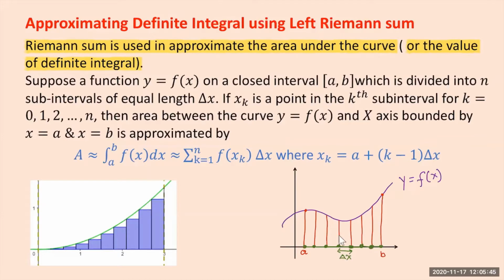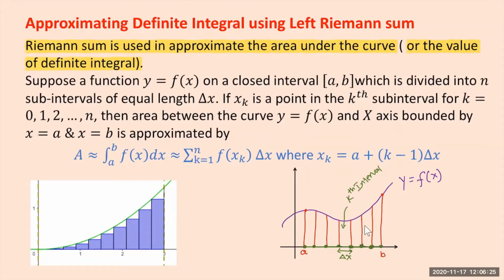If we consider this one in the middle as the kth subinterval, where k is a counting number, we go up to n, then the area between the curve y equal to f of x and the x-axis, bounded by x equal to a and x equal to b, is the total area under the curve over here.